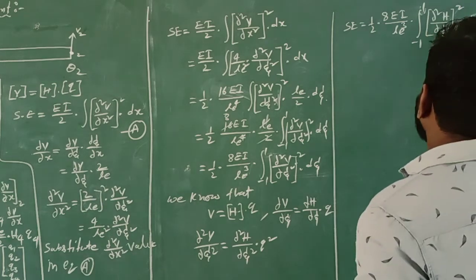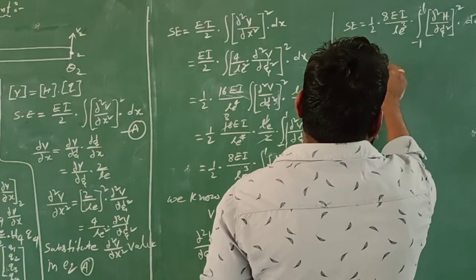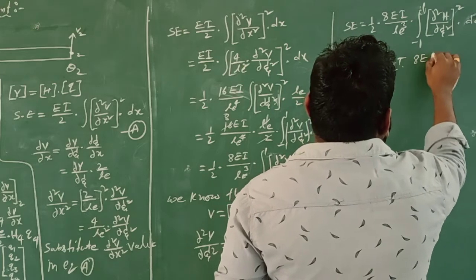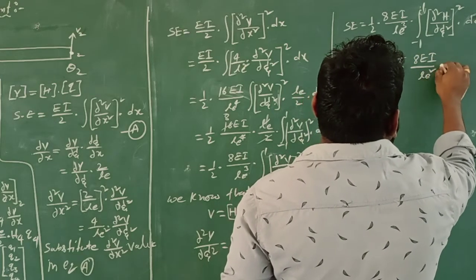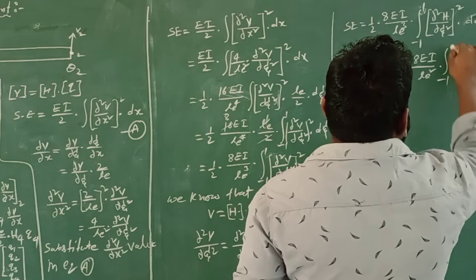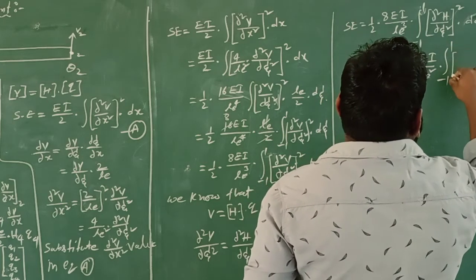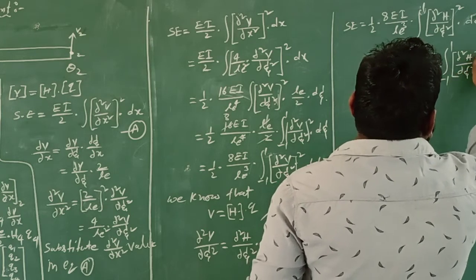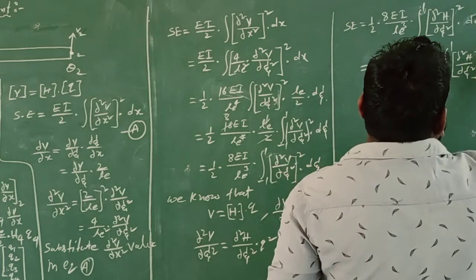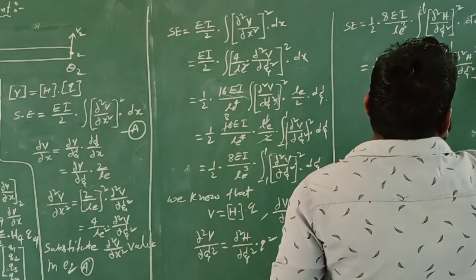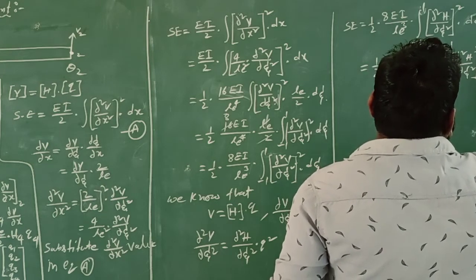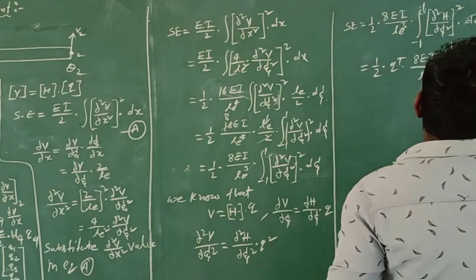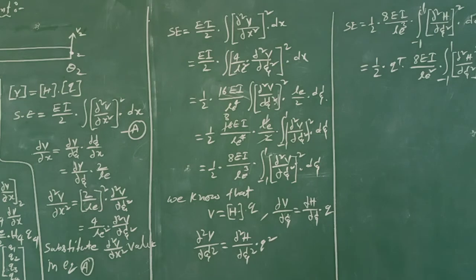It will be written like this: 1/2 into q transpose into 8 EI/le cube into the integral from minus 1 to 1 of (∂²H/∂ξ²) transpose into ∂²H/∂ξ² into dξ into q.